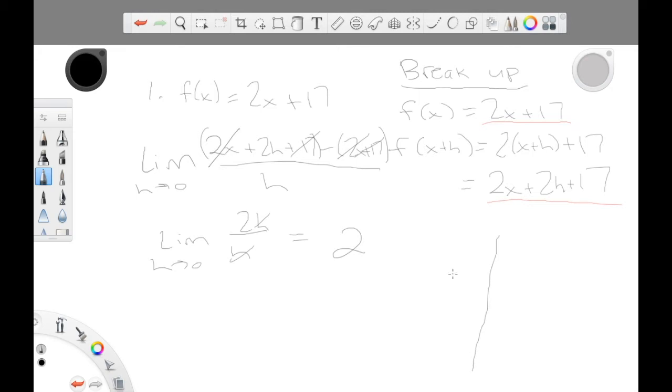And this is demonstrated in a graph. I'm not going to graph the whole thing, but we know that the y-intercept is 17. The x-intercept is negative 17 over 2.